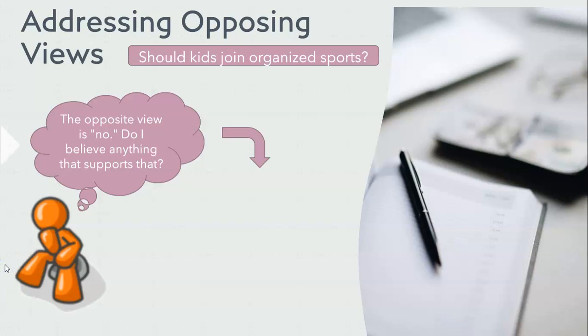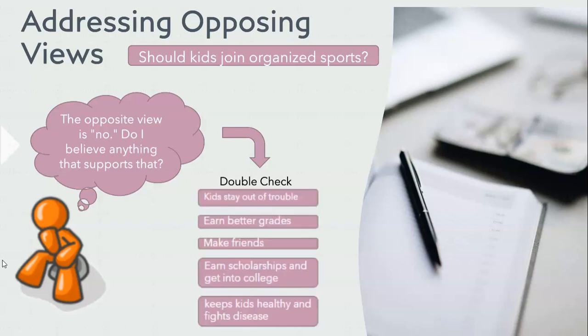In this example, it helps us to double check ourselves from the list that we made yesterday as we identified our audience. Boom, right there on the screen, we came up with some quick ideas about why it would be a good idea for kids to join organized sports, such as staying out of trouble, earning better grades, making friends, possibly earning scholarships, and getting into college, and keeps kids healthy and fights disease.